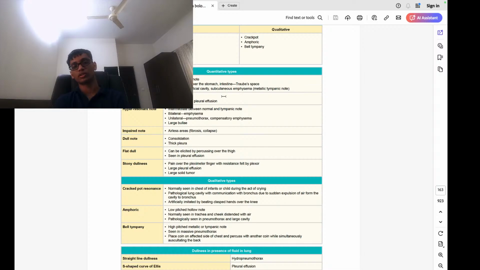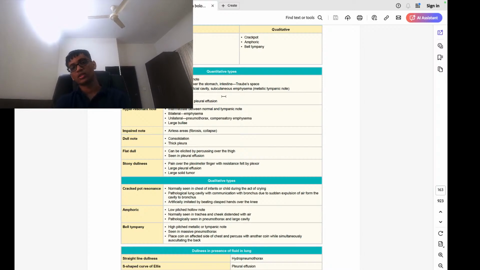Impaired note is seen in airless areas, fibrosis and collapse. Dull note is consolidation and thick pleura. Flat dull note, which can be elicited by percussing on the thigh, is seen in pleural effusion. Stony dullness is pain over the pleximeter finger with resistance felt by the plexor. It is seen in large pleural effusion and large solid tumor.